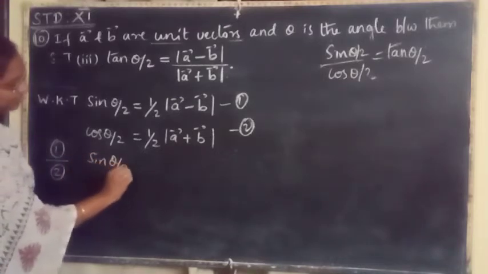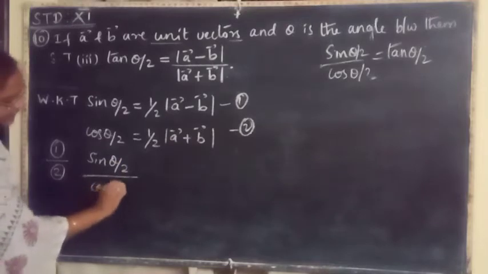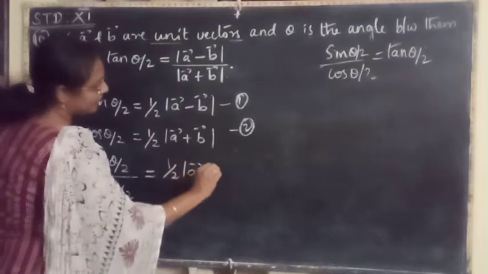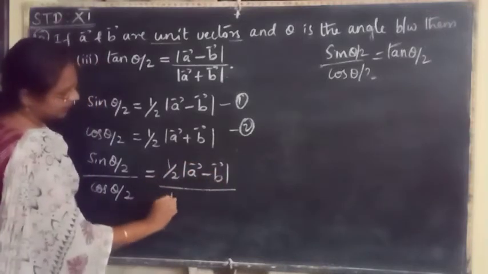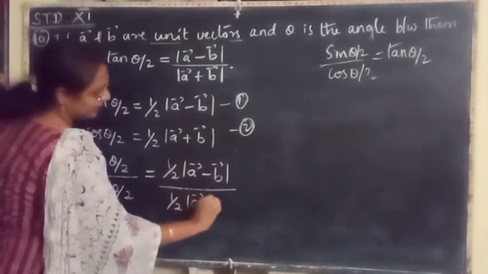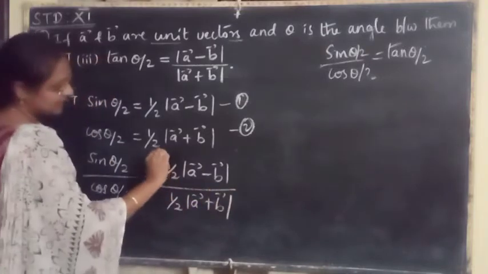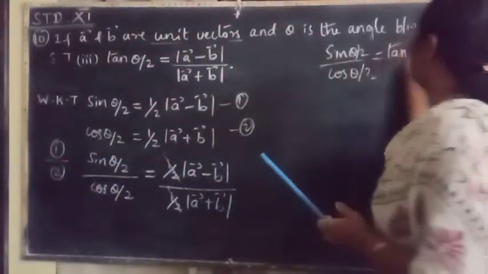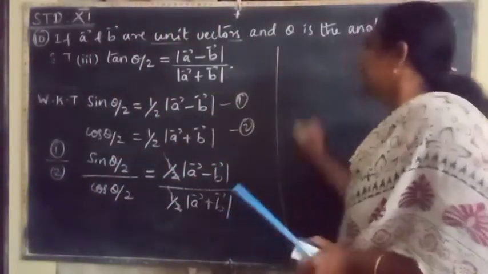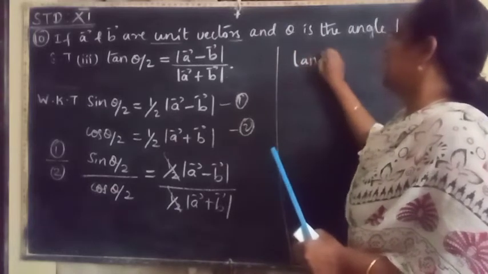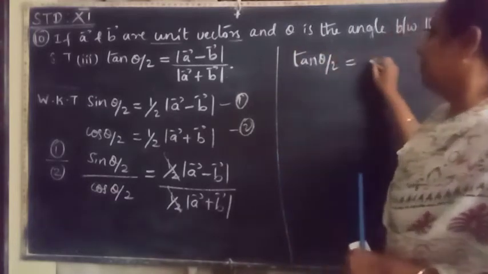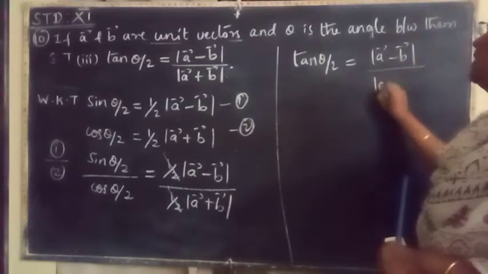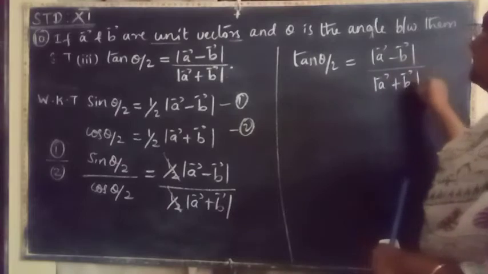Sin theta by 2 divided by cos theta by 2 is equal to half into modulus of A minus B divided by half into modulus of A vector plus B vector. So this half and this half are going to get cancelled. So the result I am going to get finally is very simple. It is tan theta by 2 equal to modulus of A vector minus B vector divided by modulus of A vector plus B vector.